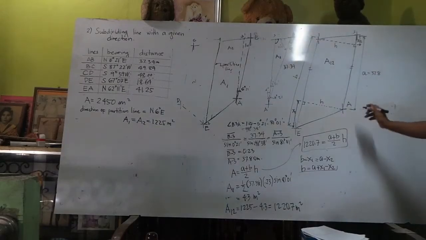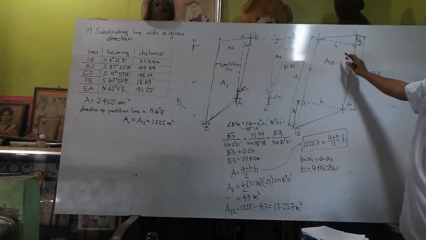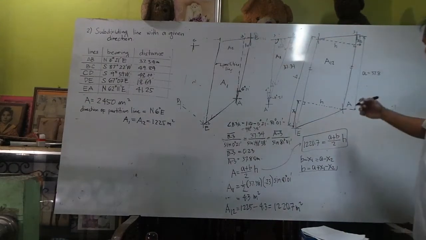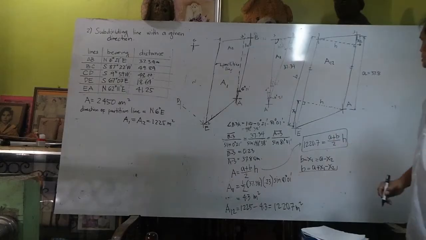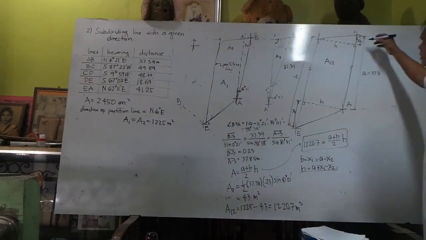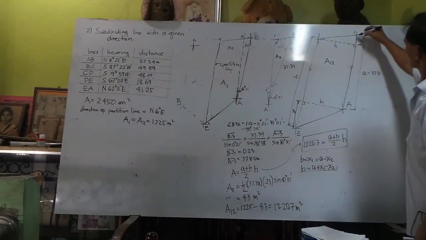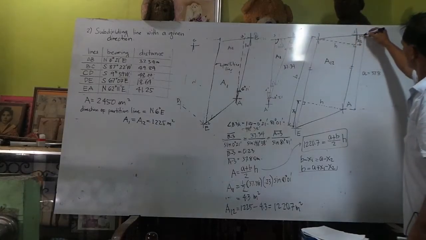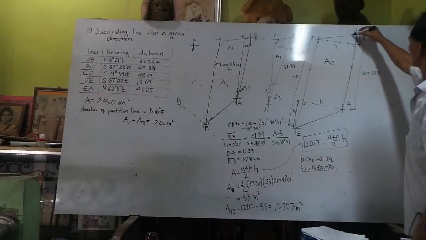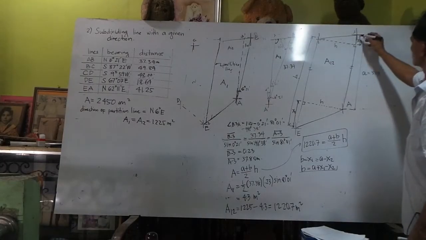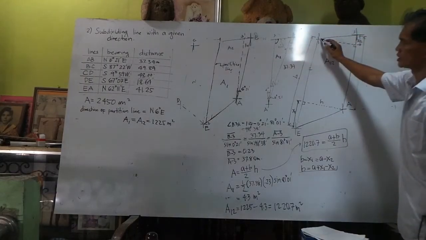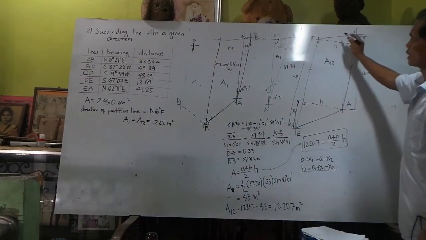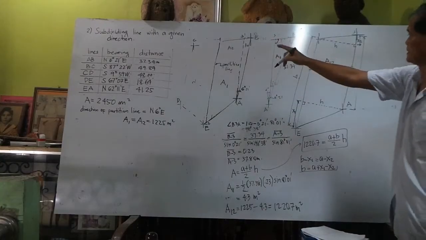Then we can solve x1 and x2 in terms of h. So going back to this angle, we know this is 87 degrees 22 minutes southeast. This is part of your BC.